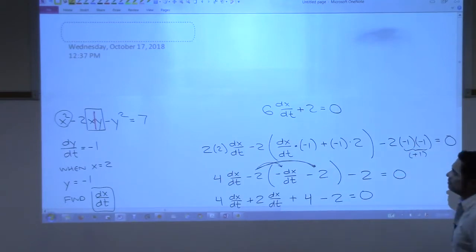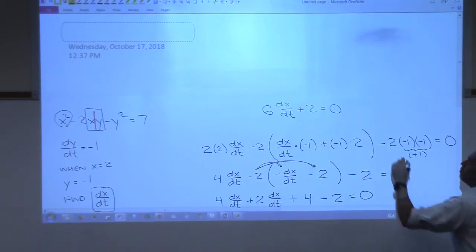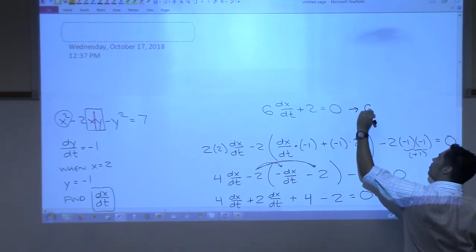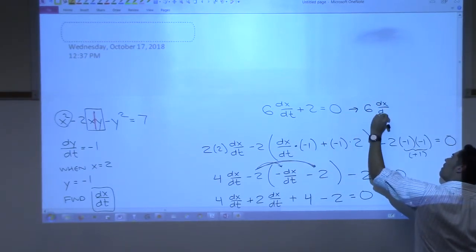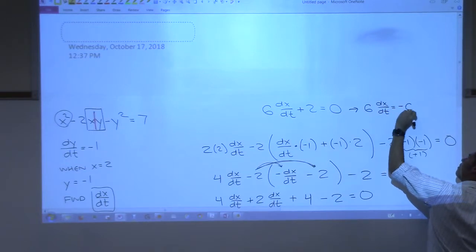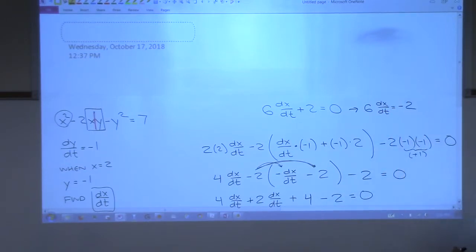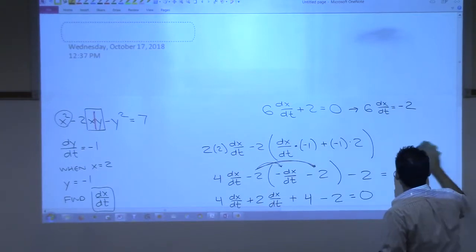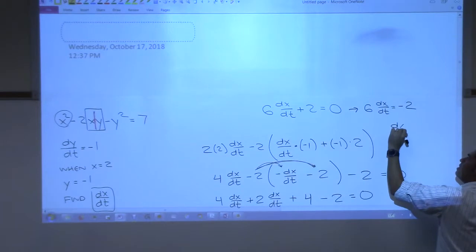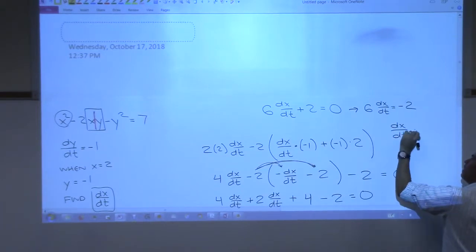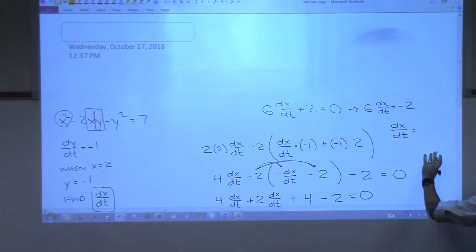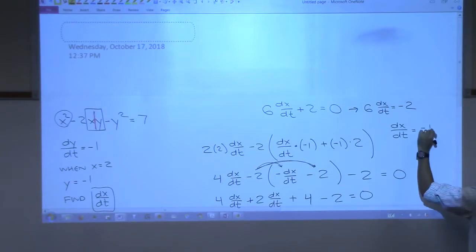And now what? We have to move the 2 over and then divide by 6. Move the 2 over, made it negative 2. And then divide both sides by 6. So dx dt equals, what is it? Negative 1/3.